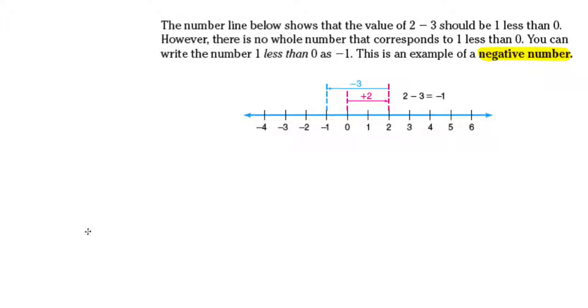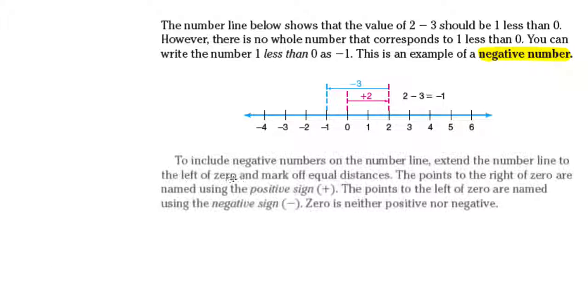Just a review. To include negative numbers on a number line, we need to extend the number line to the left of 0 and mark off equal distances. The points to the right of 0 are named using a positive sign. The points to the left of 0 are named using the negative sign. 0 is neither positive nor negative.